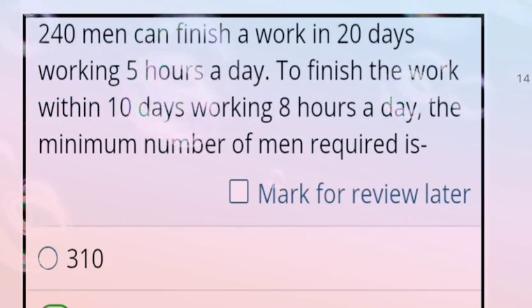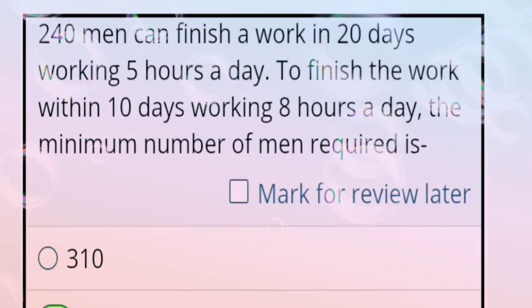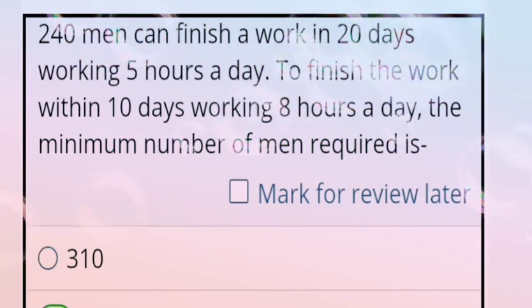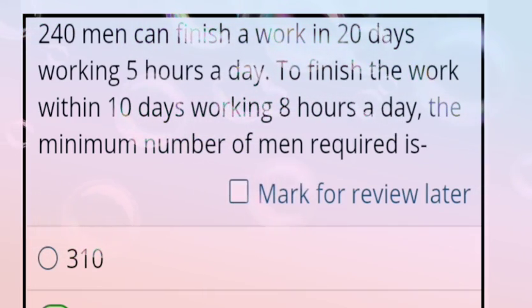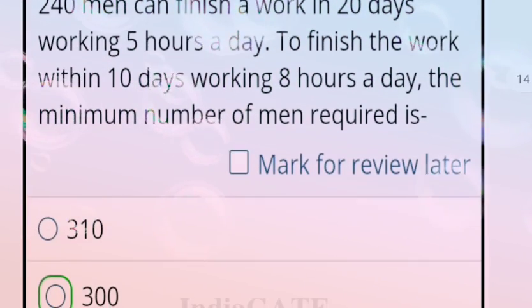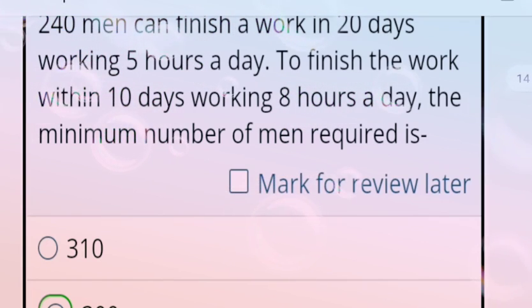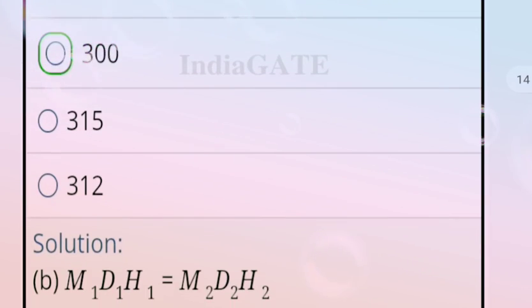24 men can finish a work in 20 days, working 5 hours a day. To finish the work within 10 days, working 8 hours a day, the minimum number of men required is. It is a very simple question, and the correct answer is option B, 300.